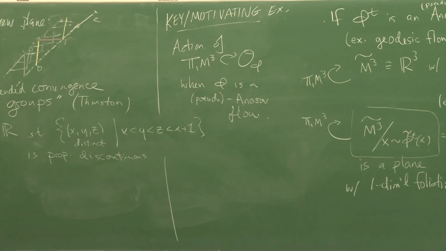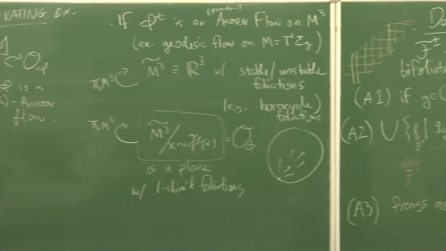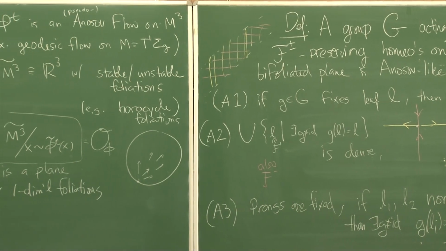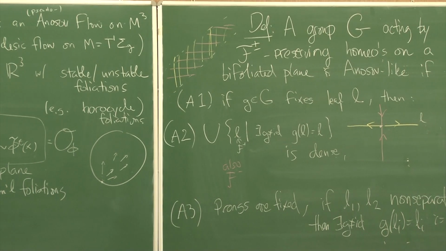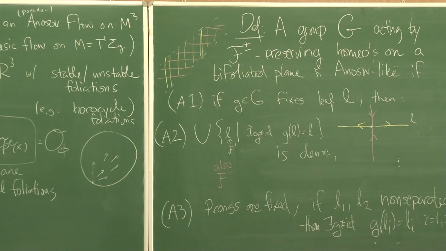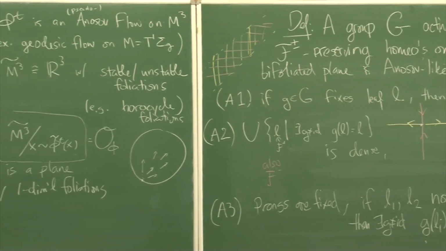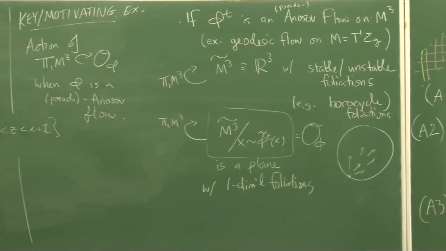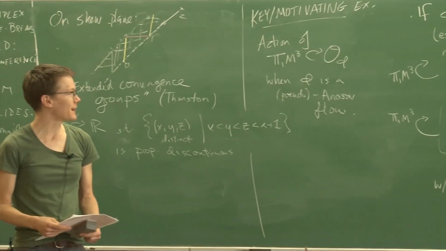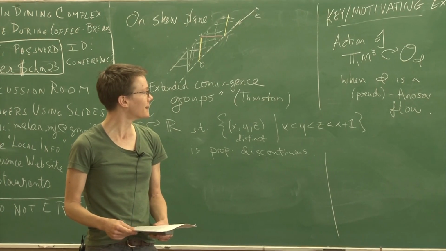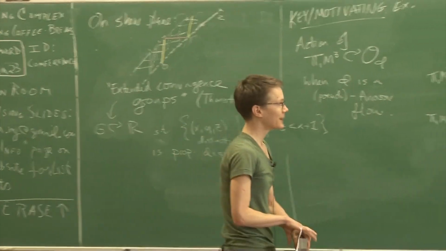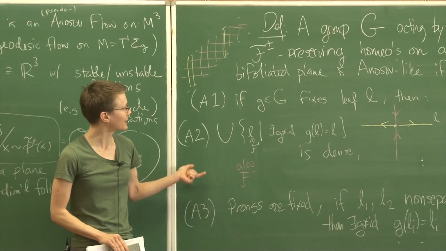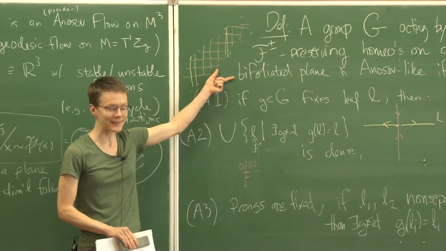So this is what I want to study, and maybe I'll just say a few words about what we want to do with these. First, they're an interesting class of dynamical systems in their own right. That's my first pitch here for the geometric group theorists, or people who like groups acting on spaces: here are some reasonable dynamical properties of a group acting on a big class of spaces.